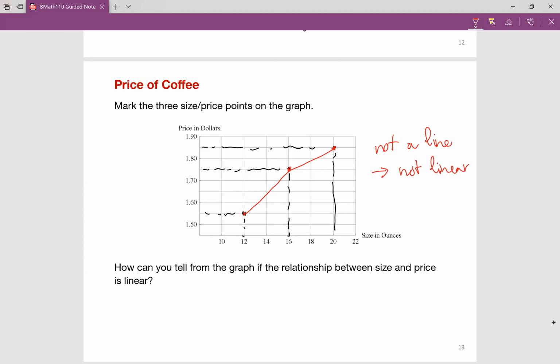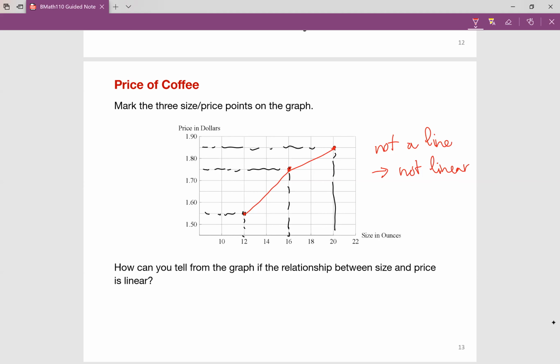I think the question means, how can you tell from the graph if the relationship between size and price is linear? I'm going to say it has different slopes.